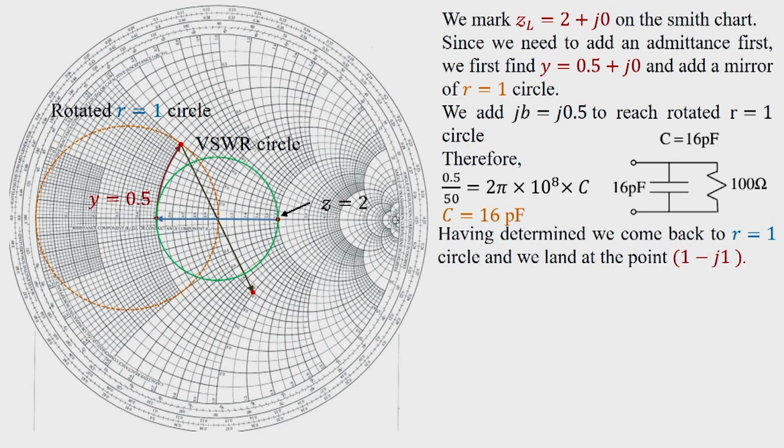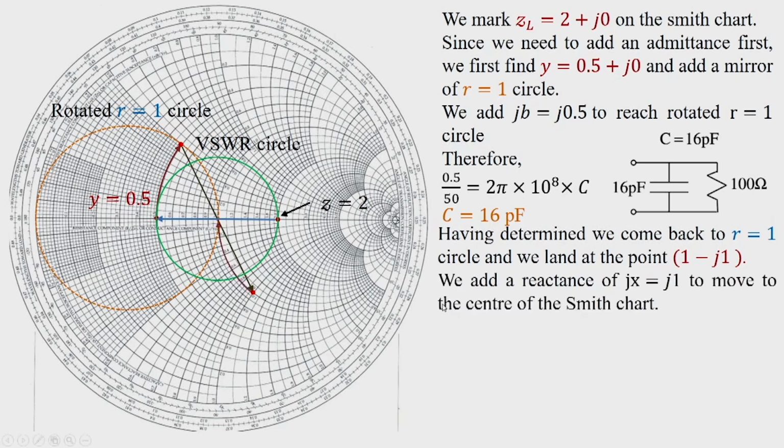That means, in order to reach the center of the Smith chart, we need to add a reactance of plus j, and once we do that, we reach the center of the Smith chart.